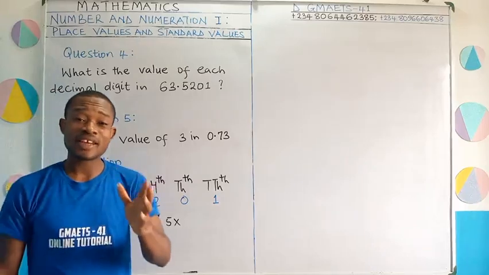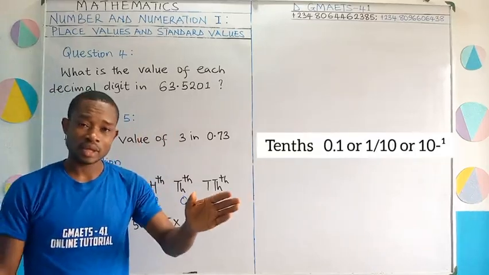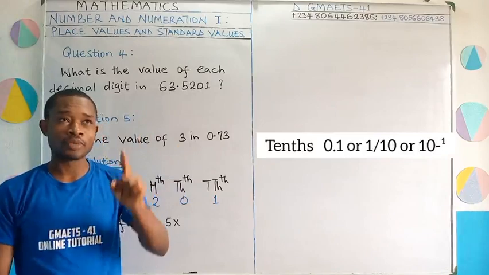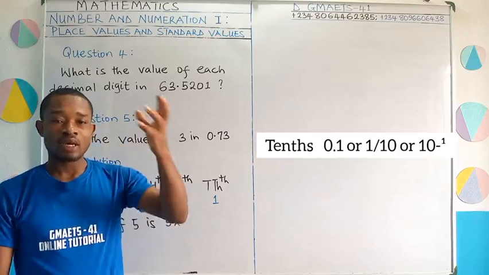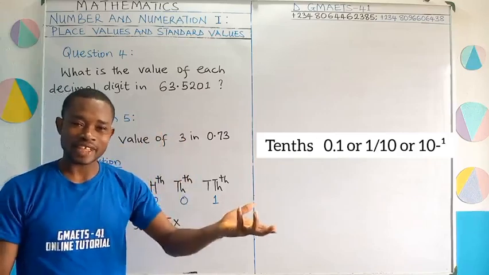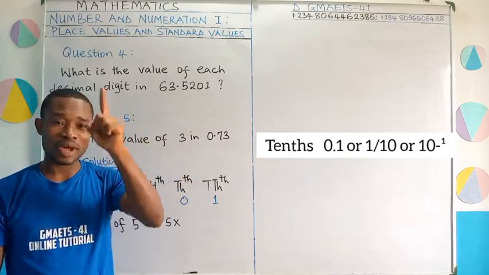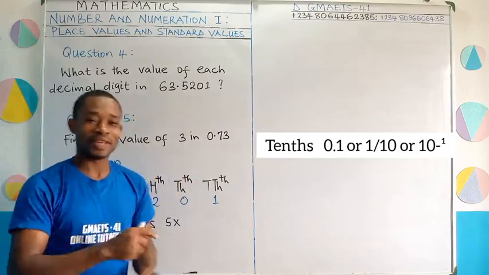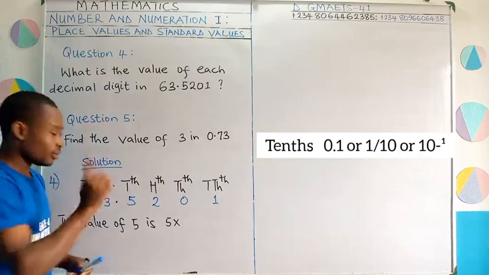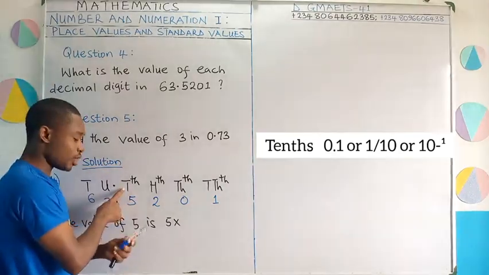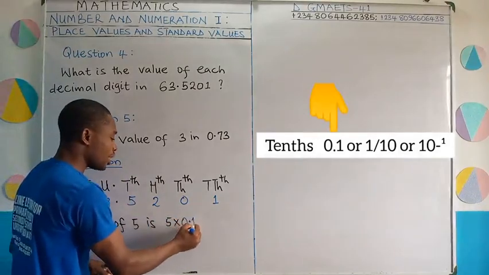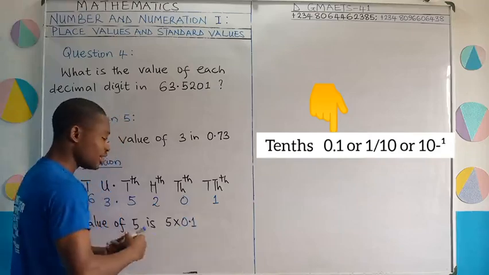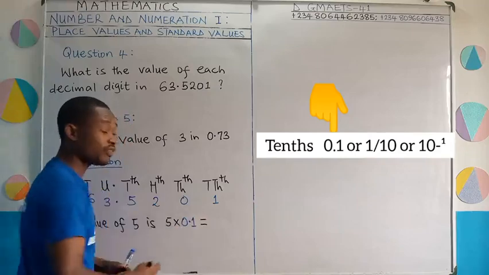You remember that the standard value is 0.1, or in fraction form 1 over 10, or in powers of 10, 10 raised to the power minus 1. I'm going to write all of them here on the board. So the standard value of tenths is 0.1 in decimal, so it's going to be 5 times 0.1. And if you multiply this, 5 times 0.1 will give us 0.5.